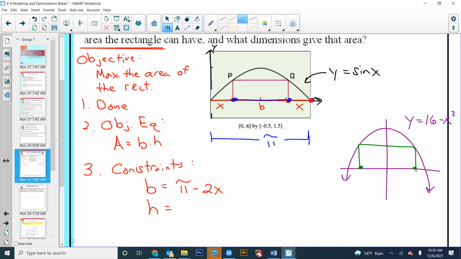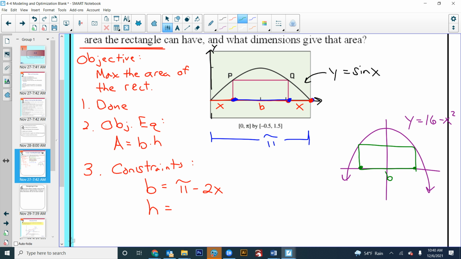Find the maximum area of the rectangle. We're just going to go to the base and stop, because I want you to apply what you just learned here to this one. Does everybody agree? This is the base. Is it pi minus 2x in this context?